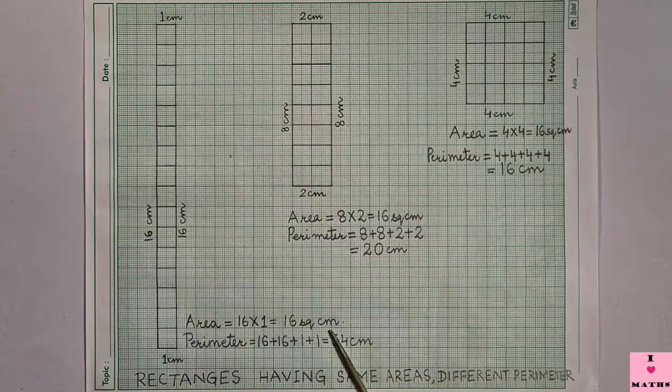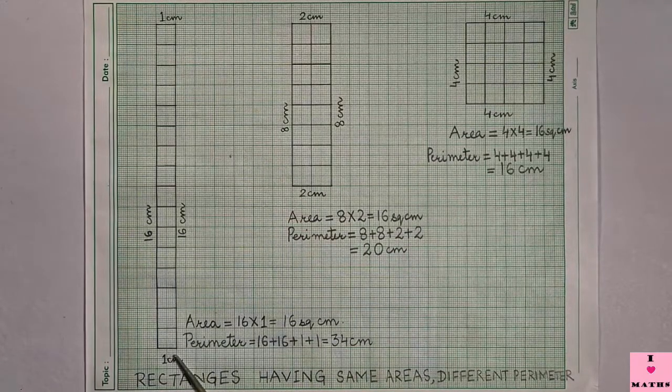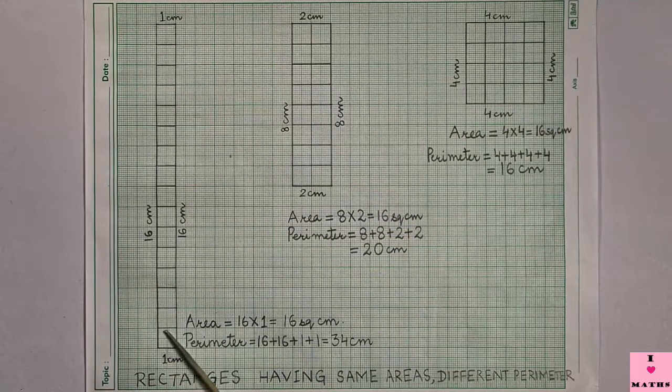square centimeter. I have drawn these rectangles on the graph paper to show you that every rectangle is made up of 16 squares and each square has an area of 1 square centimeter.